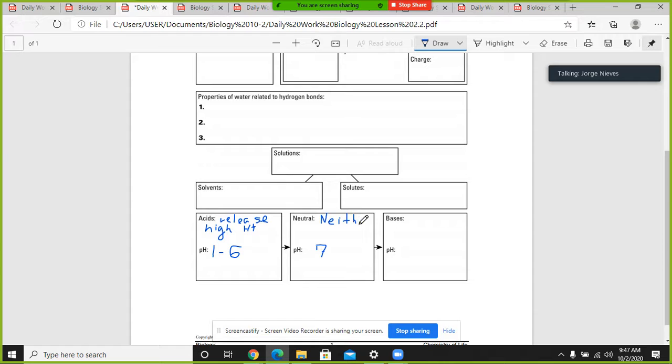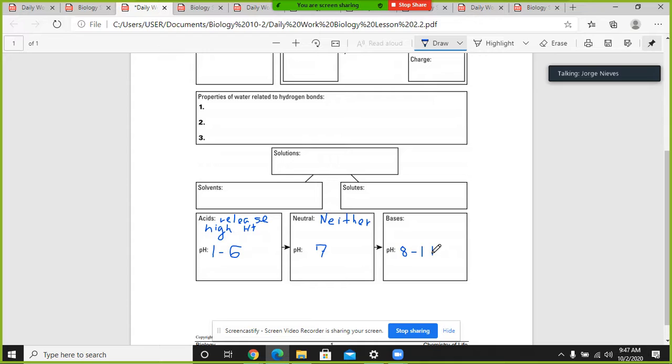So, who can tell me about the last thing in this lesson? What is a base and what is the pH of bases? O las bases. Exacto. So it's going to be 8 to 14. And what is the base basically, Adriana?